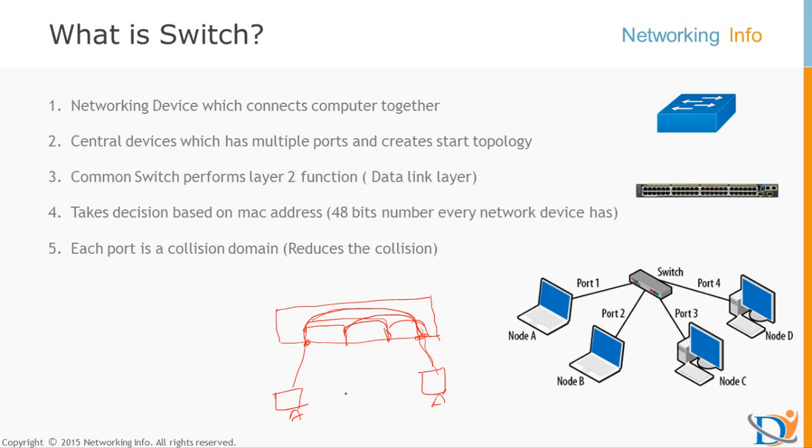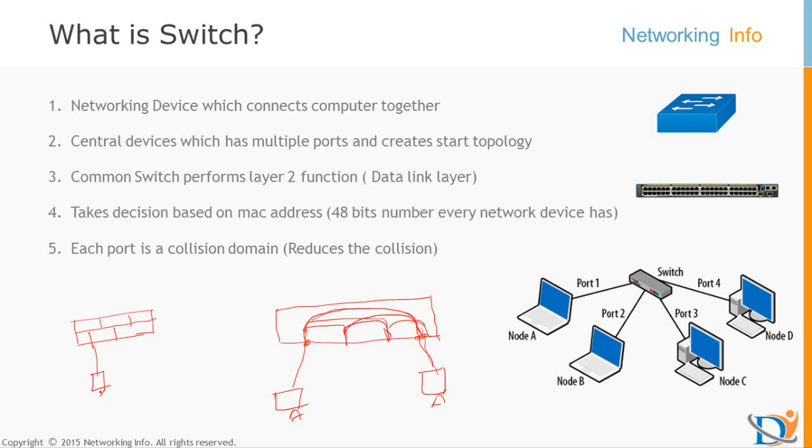If these devices are talking and sharing information, where can a collision occur? A collision can occur on this road, not on the other road. That's why we call it multiple collision domains in a switch. And this is again to reduce collisions, because in a hub there is a single road like a bus topology, one port here, another port here, and so on.